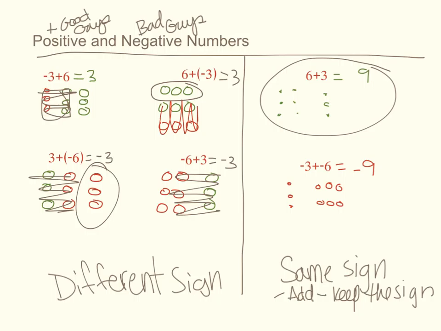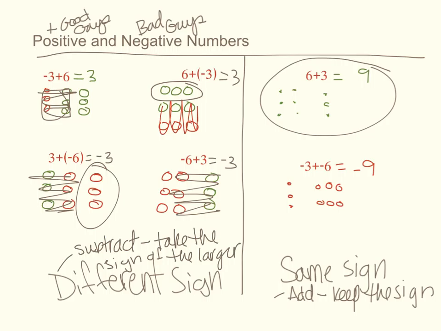For different sign, my rule is we really just subtract and take the sign of the larger. Okay, so if you have bigger numbers, you are not going to draw a picture.